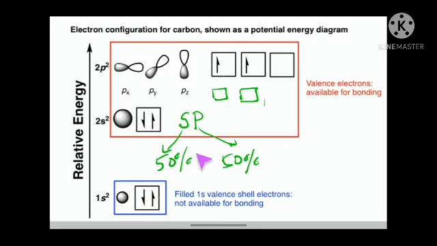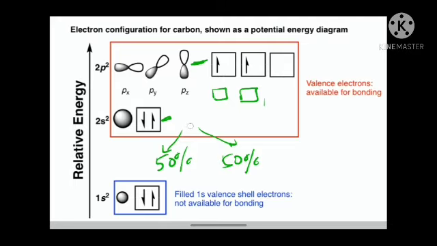So the energy level of this newly created hybridized orbital will be somewhere in the middle, on this line.